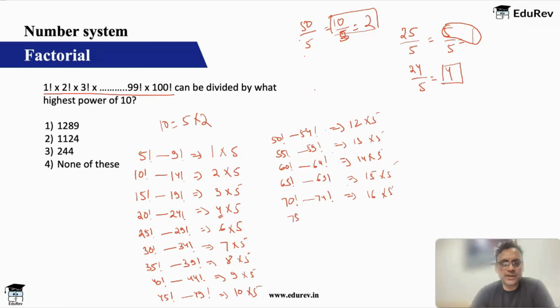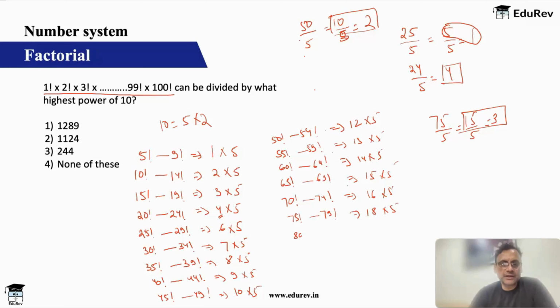75, same problem will happen. 75 to 79. Now if you check for 75, 75 divided by 5 is 15 and 15 divided by 5 is 3. You get 15 plus 3, 18. So you don't get 17. So 18 into 5.